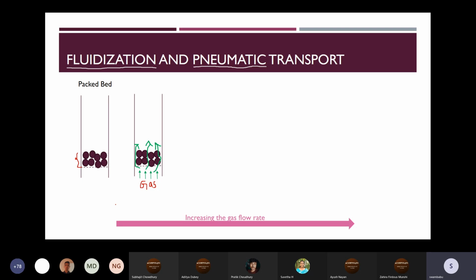One is the gravitational force acting downward, and another force acts on the solids from the fluid in the opposite direction. That is called drag force. You will learn more detail about drag force and buoyancy forces in fluid mechanics.